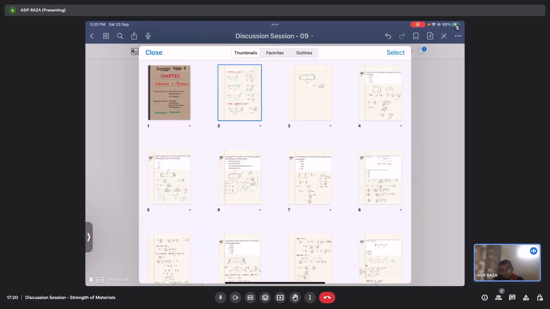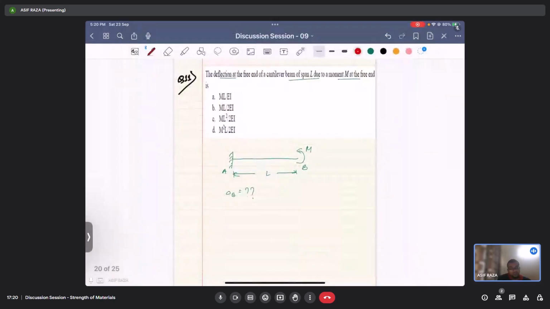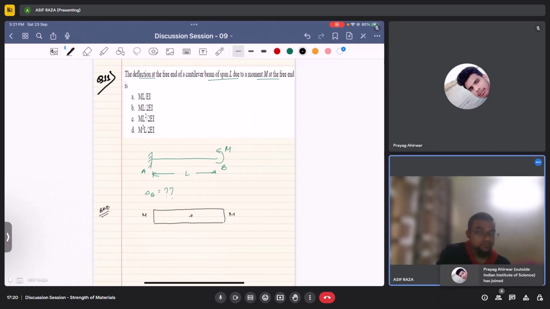But this time let's try to solve it using the moment area method. I'm just trying to mix it up so that it might help you solve it. So for this case, what would be the bending moment? This would be M, right? Now M by EI.